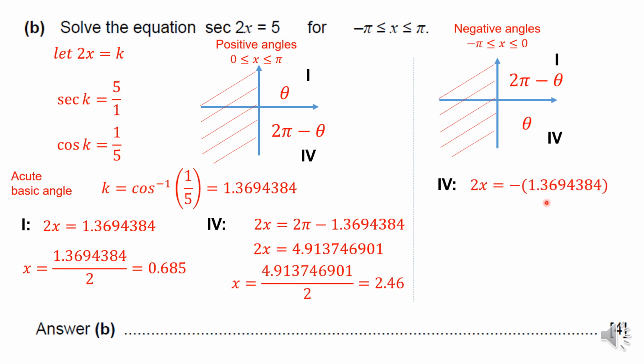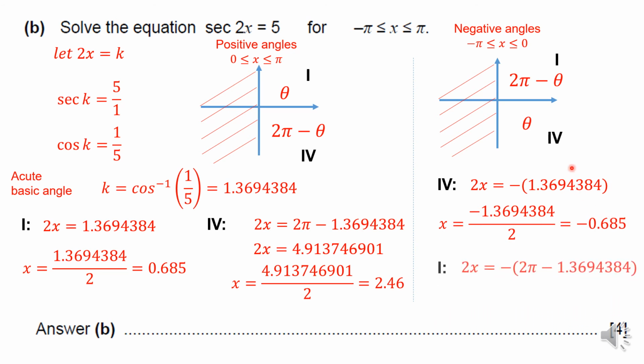But I have done it here, and I hope that you realize I put the minus outside the bracket. So in the first quadrant, I have it as that. Or in the fourth quadrant here, it's going to be 2x equals minus 1.369438. Then you divide that throughout by 2. And in the first quadrant, I'm going to have in brackets the same stuff as with the other ones here, but now I have a negative in front because I'm looking for negative angles, right?